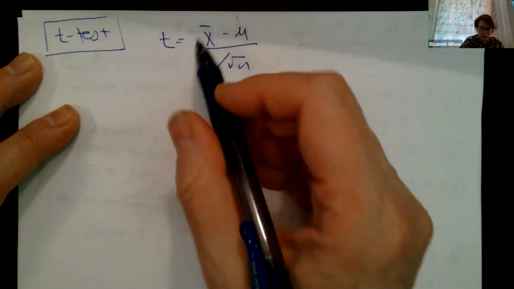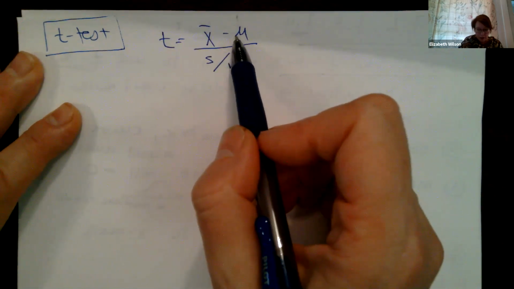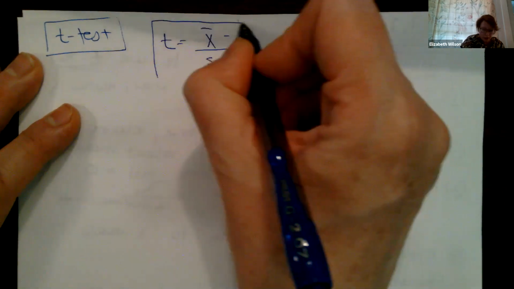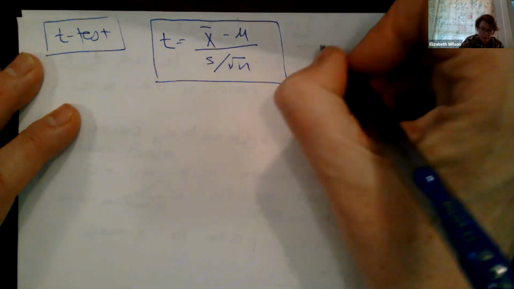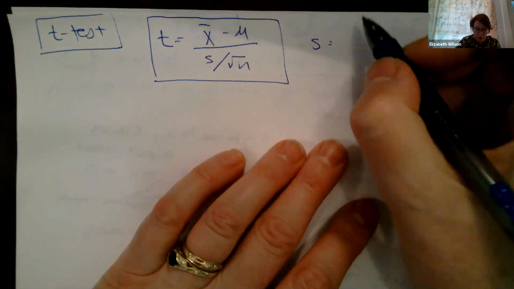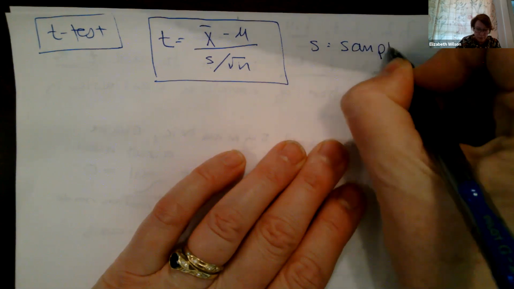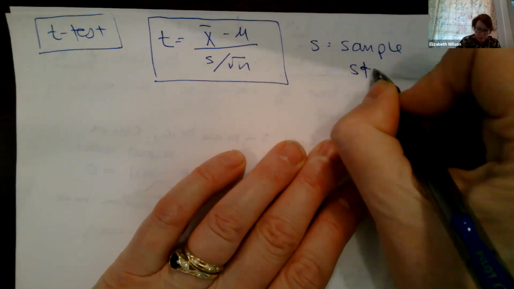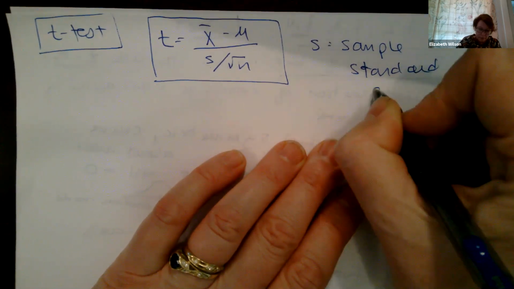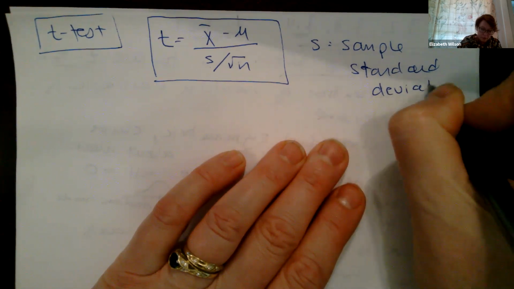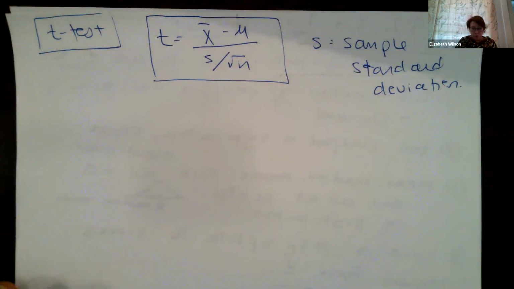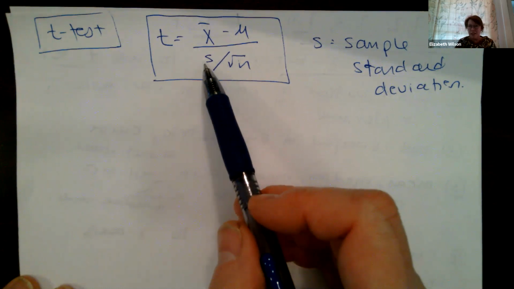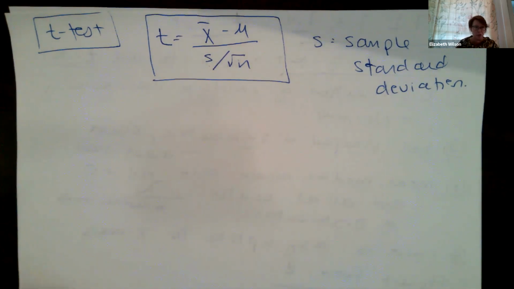So everything is the same. This is our sample mean. This is maybe our hypothesized mean. Okay. This s here represents our sample standard deviation. So that's a change from what we had before. Before we had our population standard deviation. Now we just have our sample standard deviation.